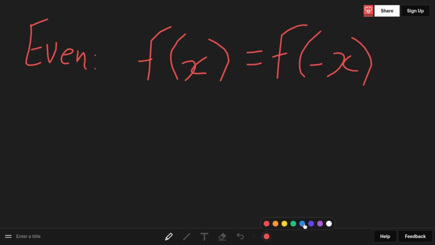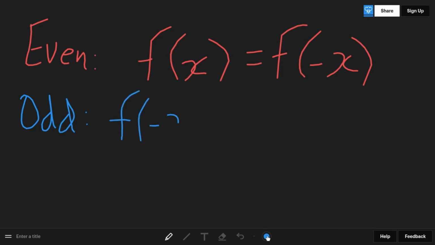However, a function is going to be odd if, when I plug in f of negative x, I get negative f of x.